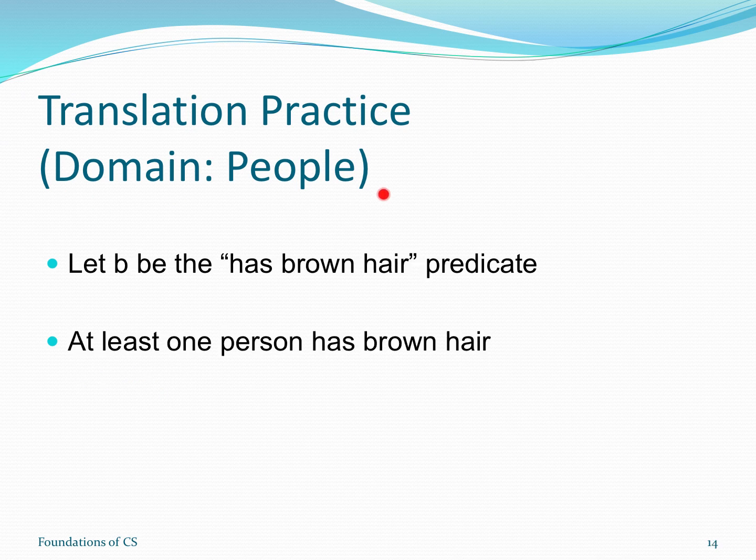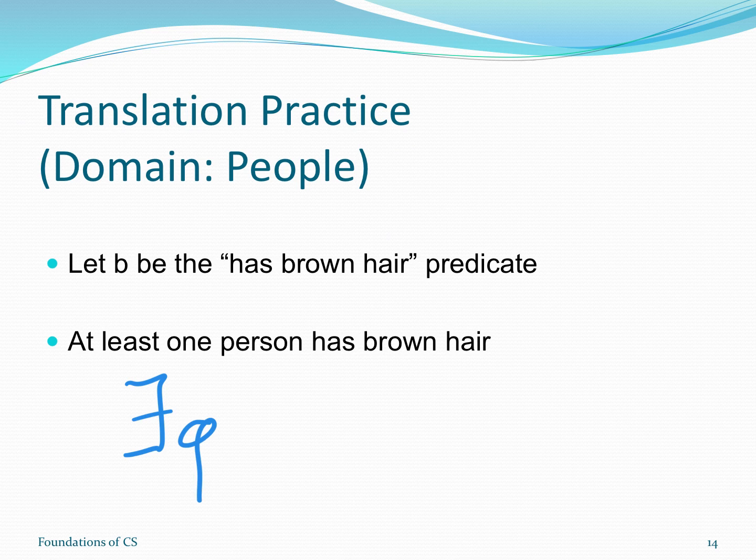Let's stick with our domain of people, and let B be the has-brown-hair predicate. Now, it's not the truth that everyone in our domain has brown hair. Our domain is people, and there are people who don't have brown hair. But there is at least one person in our domain of people who has brown hair. So we're going to use that there exists quantifier, this backwards E, and we need to come up with a variable.